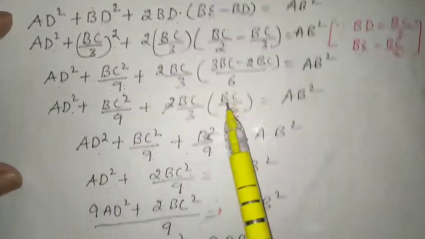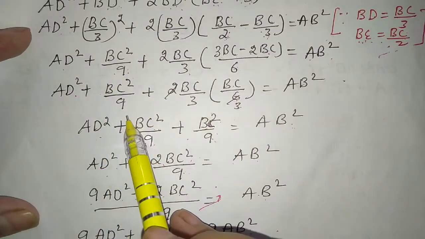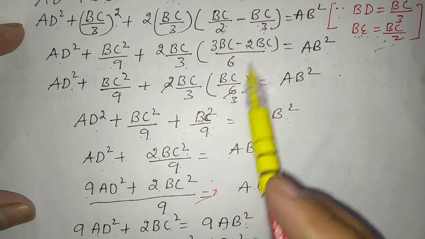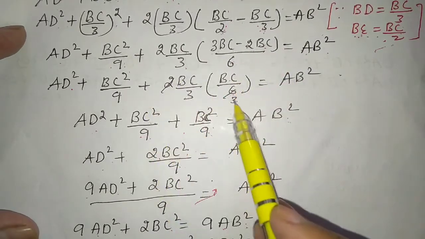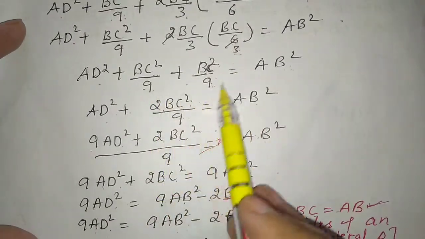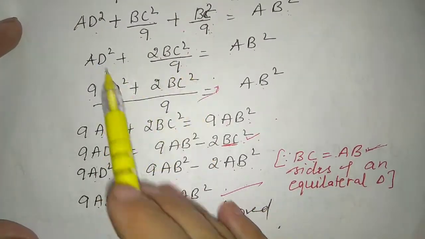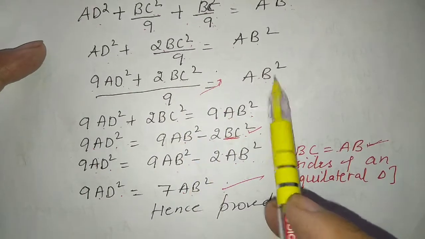From here onward it is calculation only. 3BC minus 2BC, we are getting only BC. This 2 and 6 can be cut by 2 to get 3, BC square by 9. So this is 2BC square upon 9. Taking the LCM, 9 AD square plus 2BC square is equal to 9 AB square.